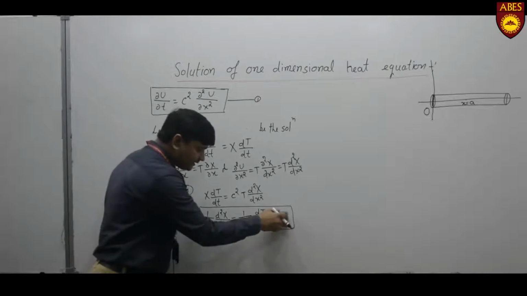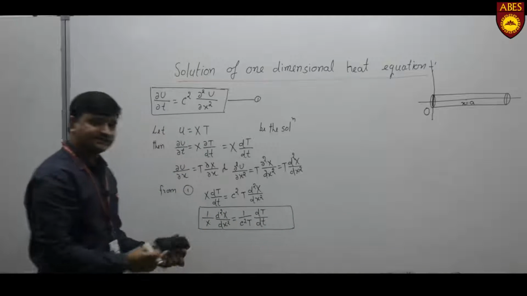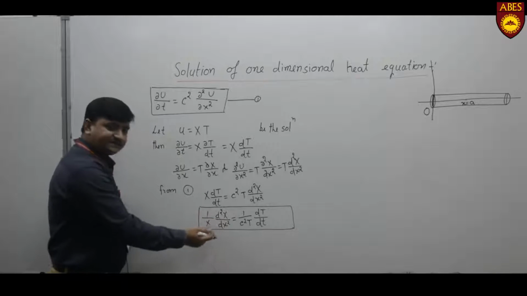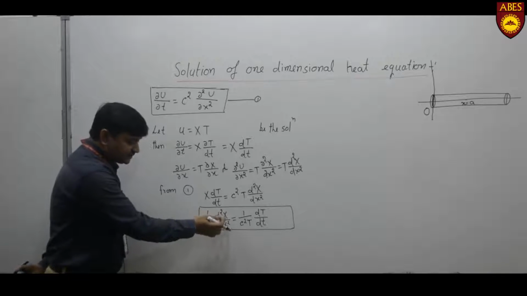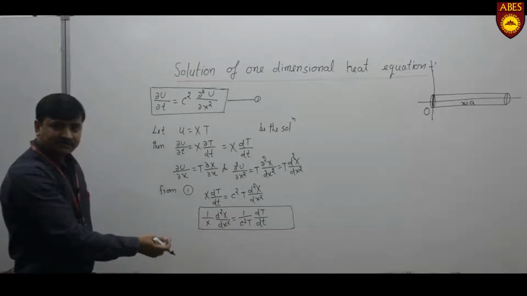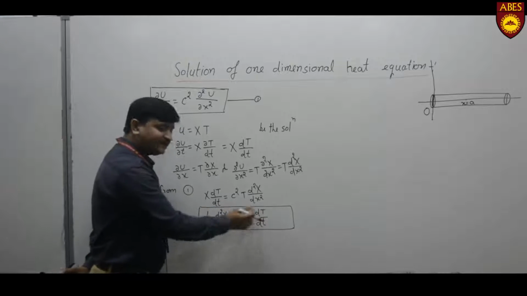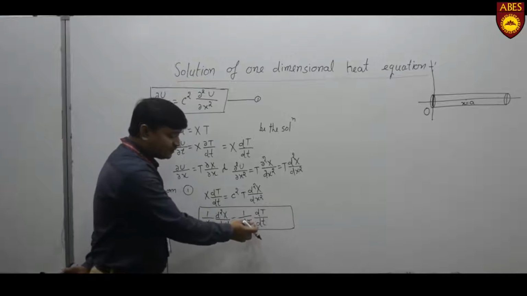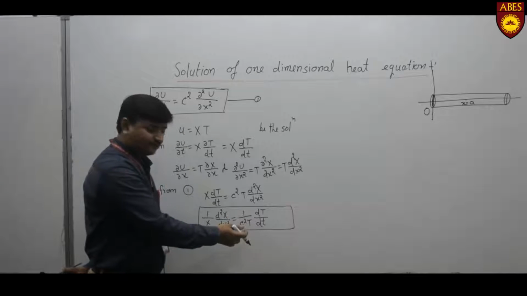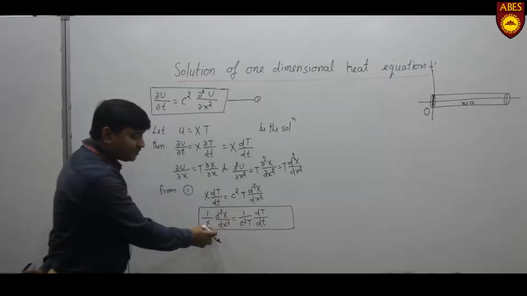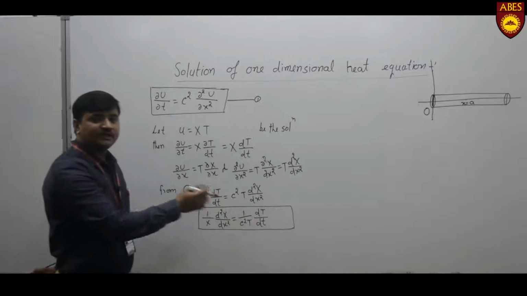Here, the important point is this. Now, the left hand side is differentiation with respect to small x, so it will either be a function of x or it will be a constant. Similarly, the right hand side is a function of t or a constant. Function of x and function of t may not be equal.